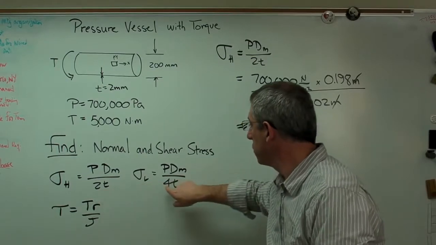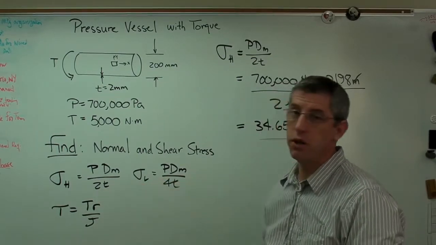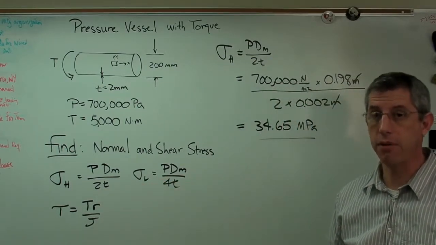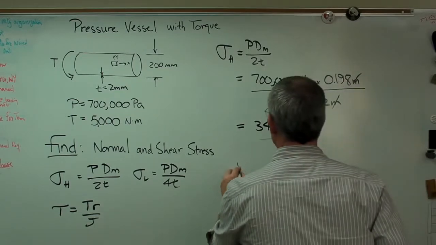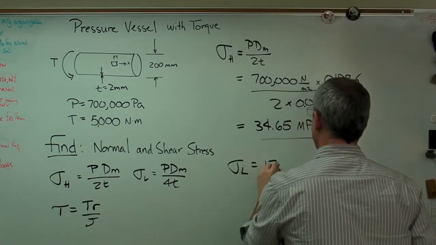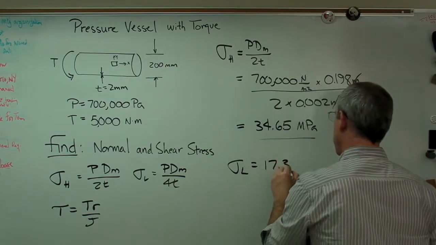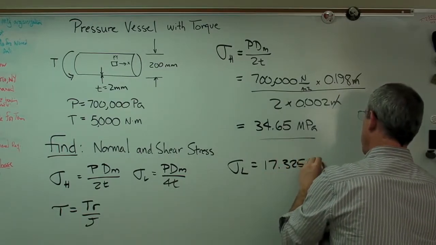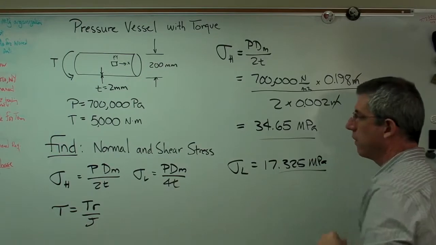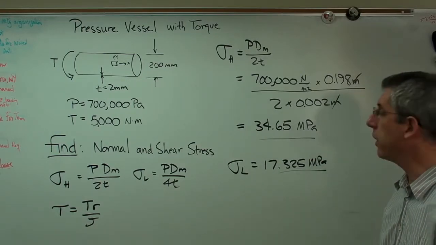Since that's a 2 and that's a 4, the longitudinal stress is simply going to be half the hoop stress, and that's what I'll use. So the longitudinal stress is 17.325 megapascals.